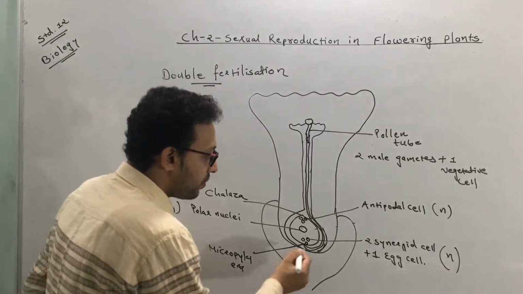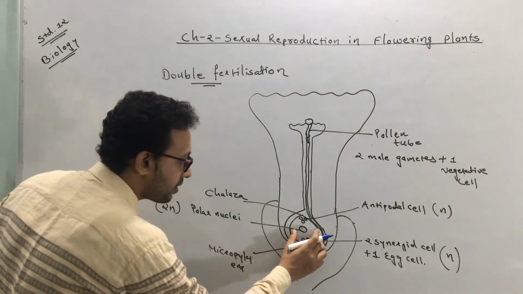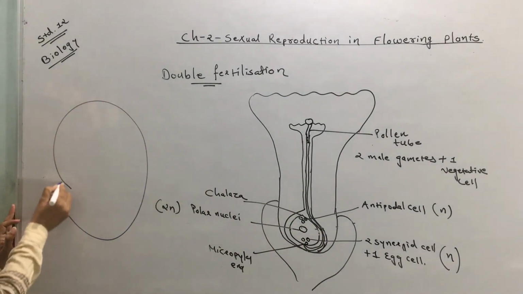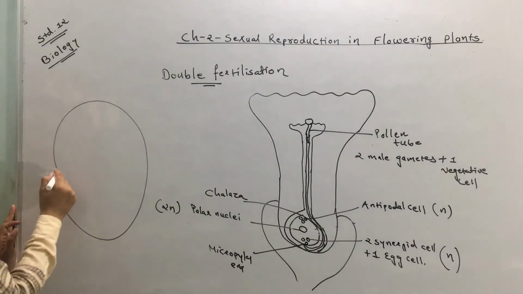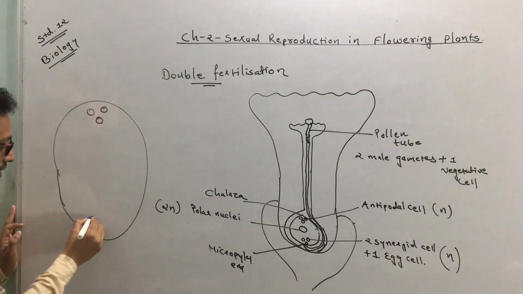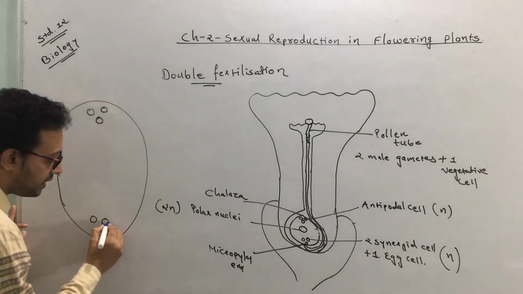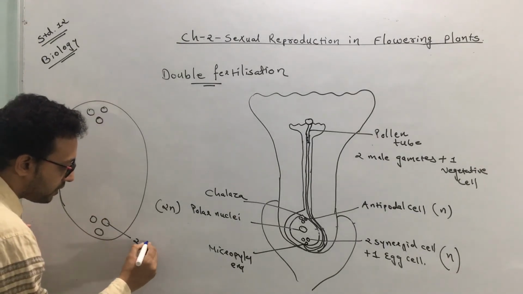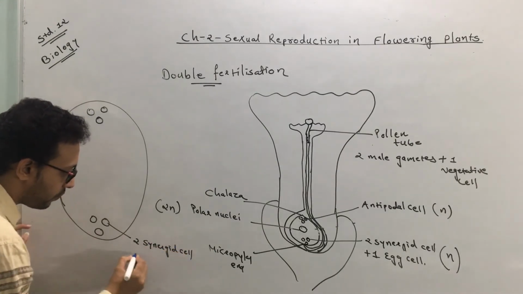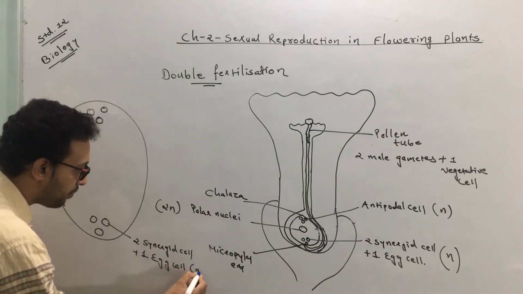Now, once it is in the micropylar region, I am just enlarging this portion of the ovule so you can better understand. These are the 3 cells. What are these 3 cells called? 2 synergid cells and 1 egg cell, all are haploid.